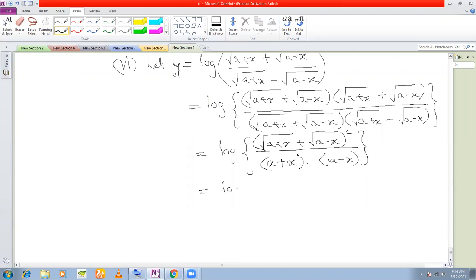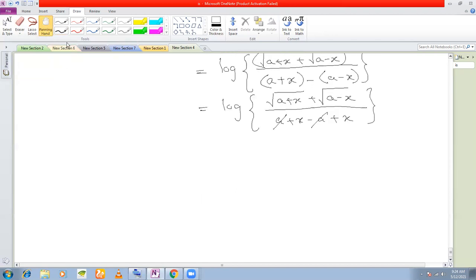which is equal to log of root a plus x plus root a minus x divided by, if you open the brackets here, you get a plus x minus a plus x. A cancels. You get, and this is a whole square here, so you get log of root a plus x plus root a minus x whole square divided by 2x.